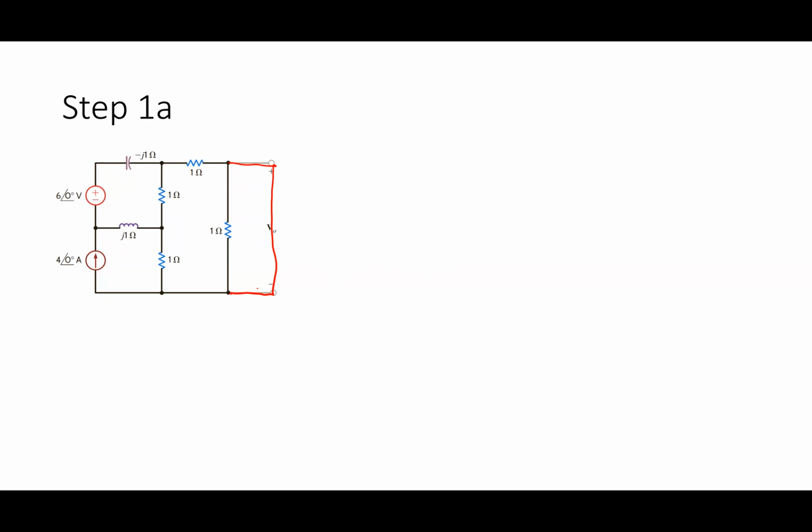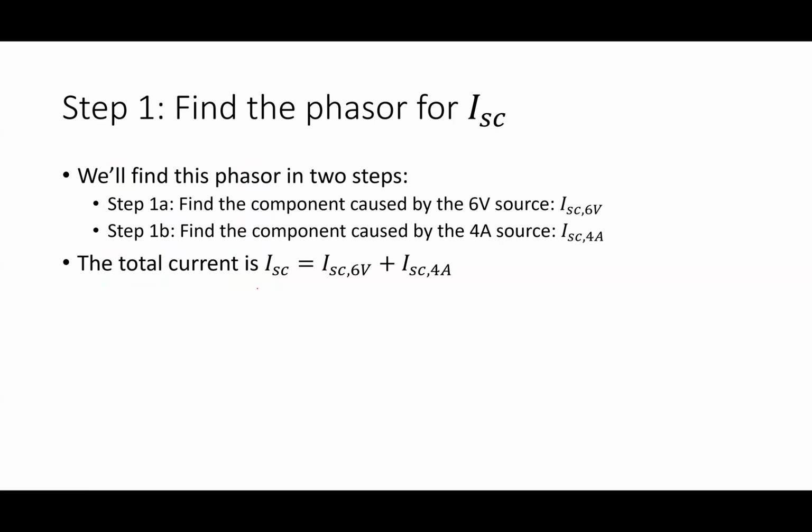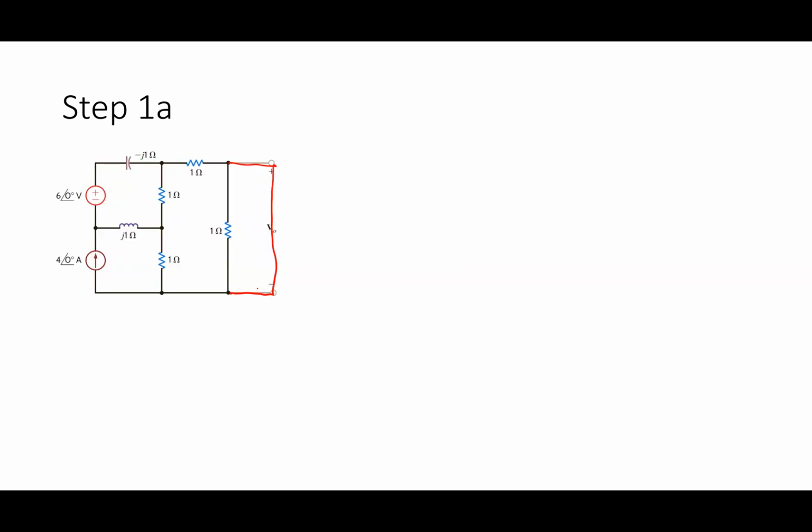All right. So the first step is, I think the way I labeled it, step 1A for me is I just want to do the 6-volt source, then the 4-amp, right? So if I turn off the 4-amp source, what do I do with it when I turn it off? Open circuit. So, all right, so that means that I'm going to turn this circuit into, I'll call this, so this guy is simply, he's 6 volts with an angle of 0.